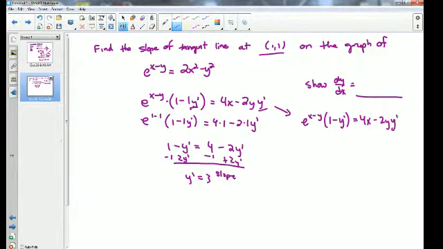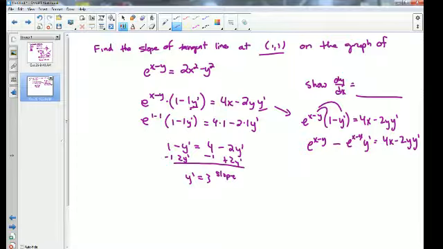Can I isolate y prime? Actually, I can. I have to distribute first. So I have e to the x minus y minus e to the x minus y times y prime. See, these can be very bearish algebra problems, right?